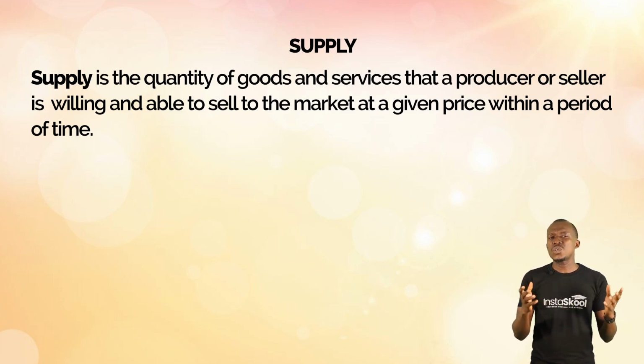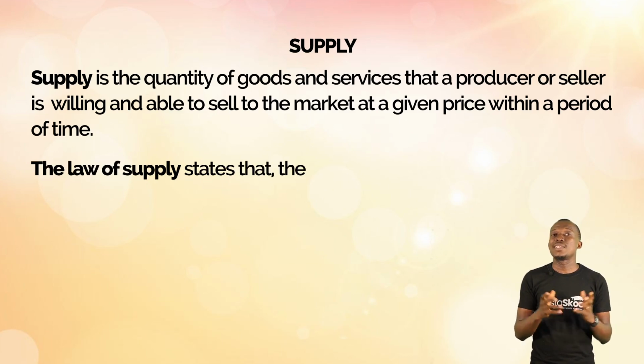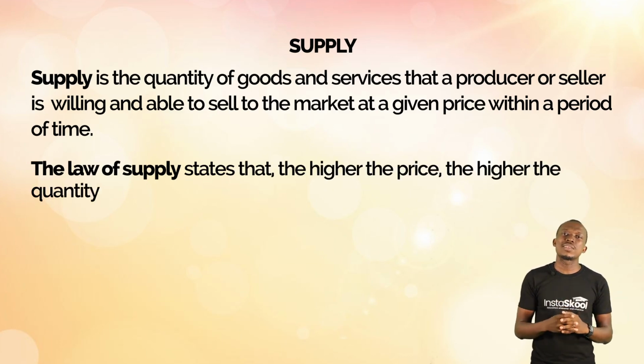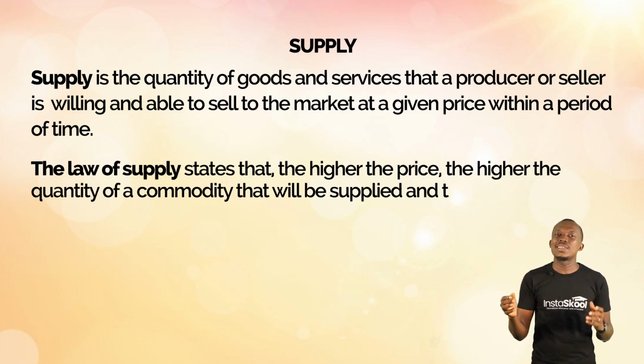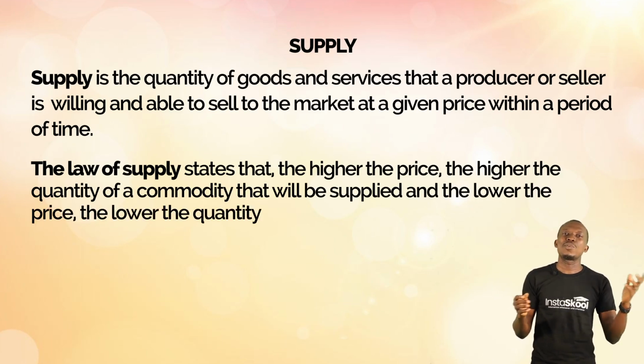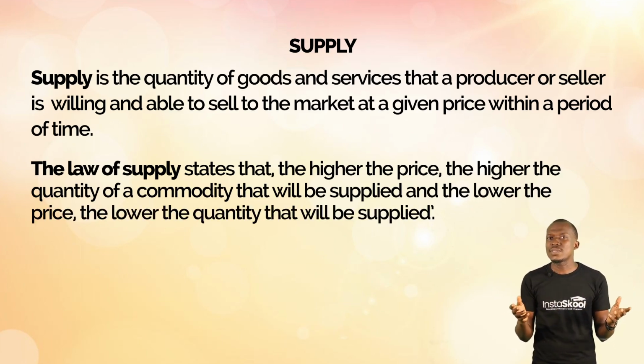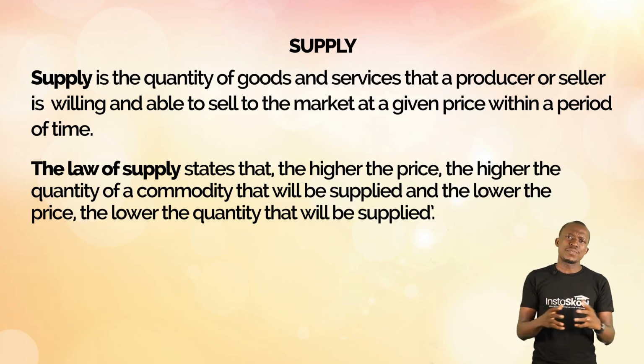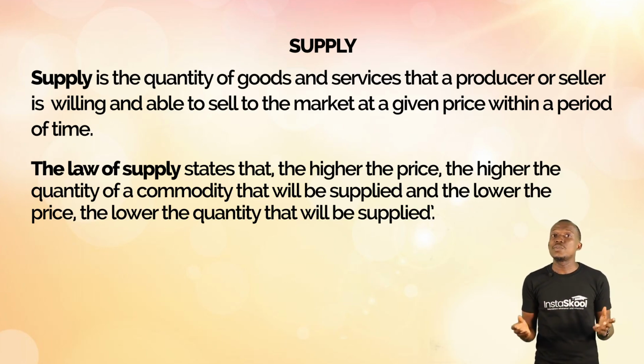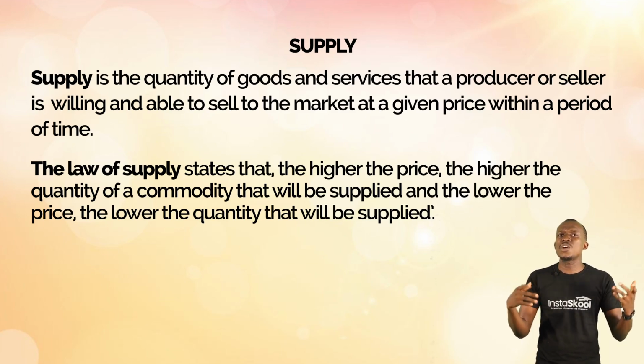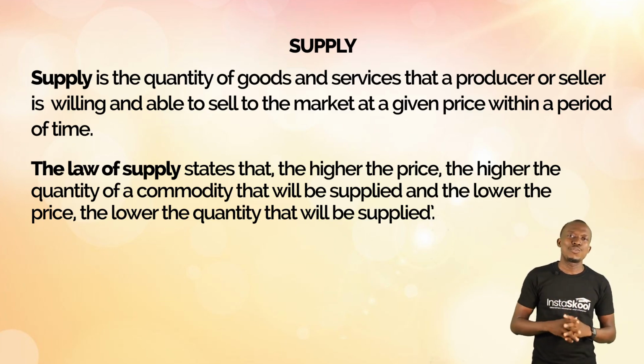Supply also has a law, and the law of supply states that the higher the price, the higher the quantity supplied. This is because the supplier wants to make profits, and so when the prices are high, he wants to sell more, so he gets more profits.